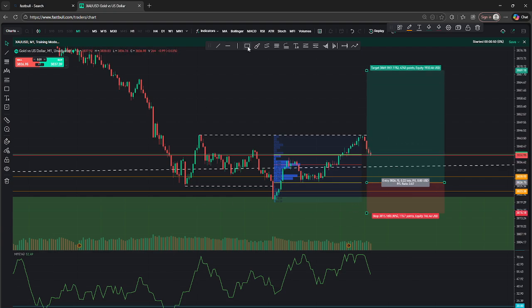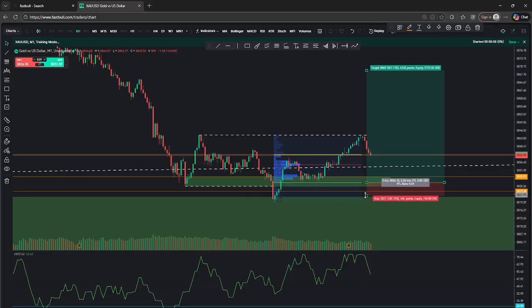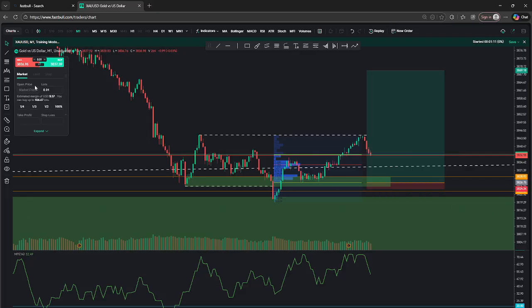So it's a QM, and this QM in 5 minutes, 1 minute plus. So 20 pips, as usual, 25 pips.